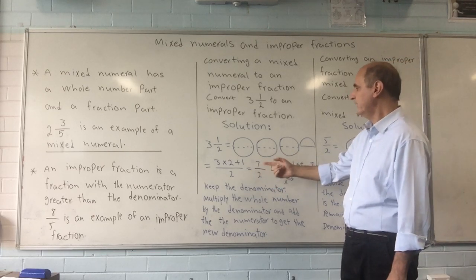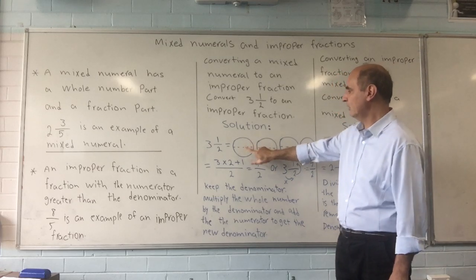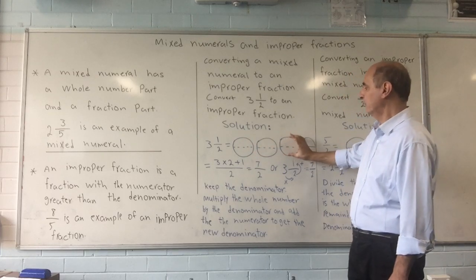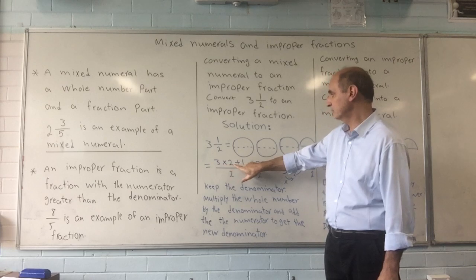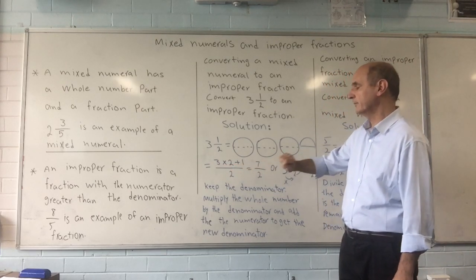But how do you get that? As you can see, each whole has to be multiplied by 2 to get the number of halves that we have here. So you get 3 times 2, and then that additional 1, which is plus 1.